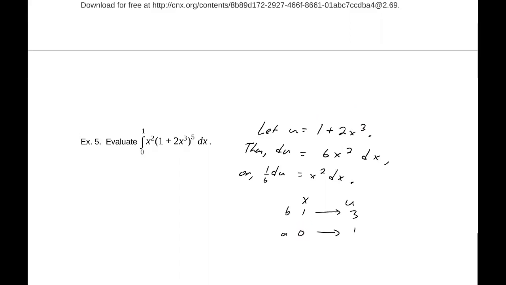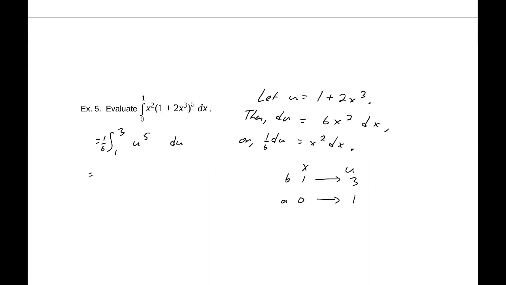So what I'm going to do is have an integral from 1 to 3 of 1/6, I'll put that in there, 1/6 du, and that is u to the 5th. One benefit to changing the limits is that I actually don't have to go back in terms of x. I can deal completely in u now.